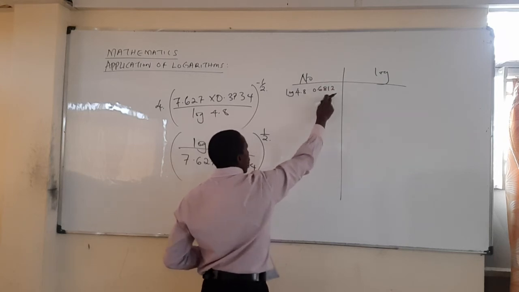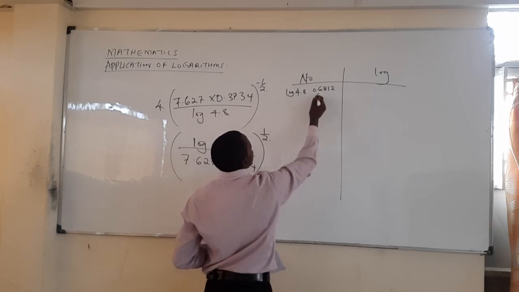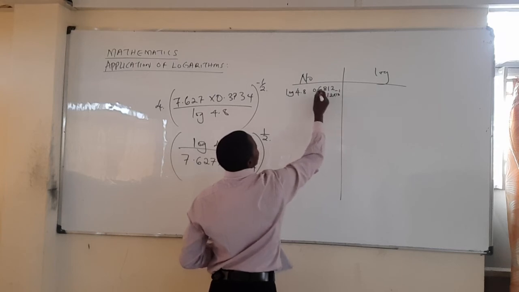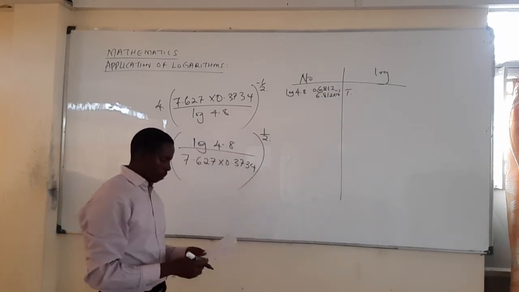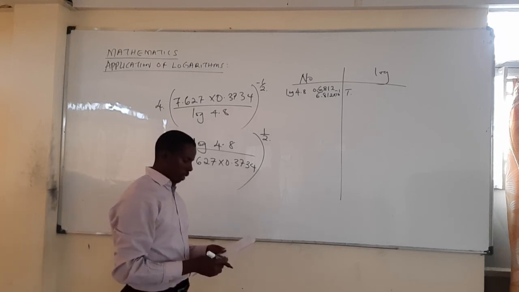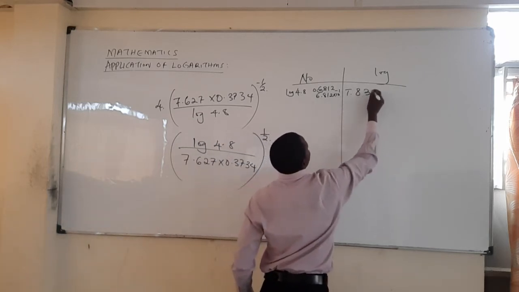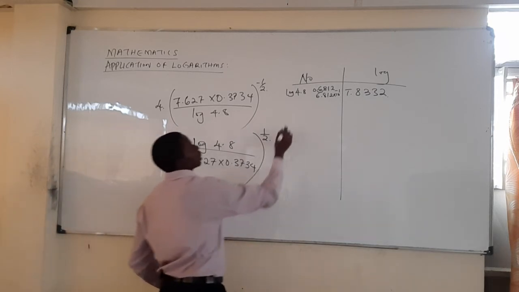Then we find the log of that, because now the log of 4.8 is our number here. So this is 6.812 times 10 to the negative 1. So it's going to be 6.812. We have 0.8332.